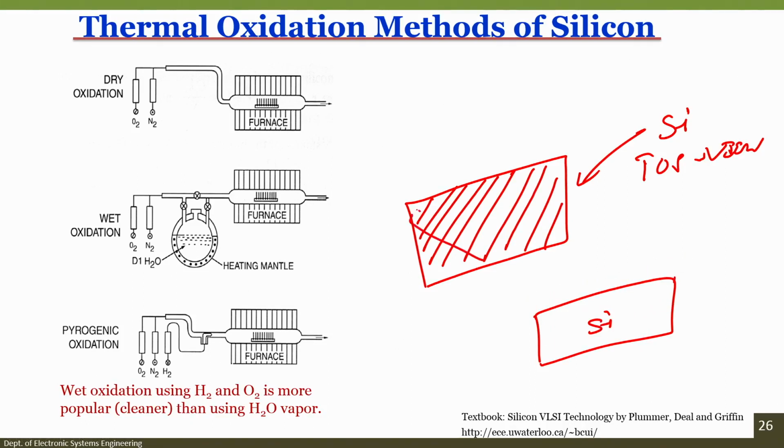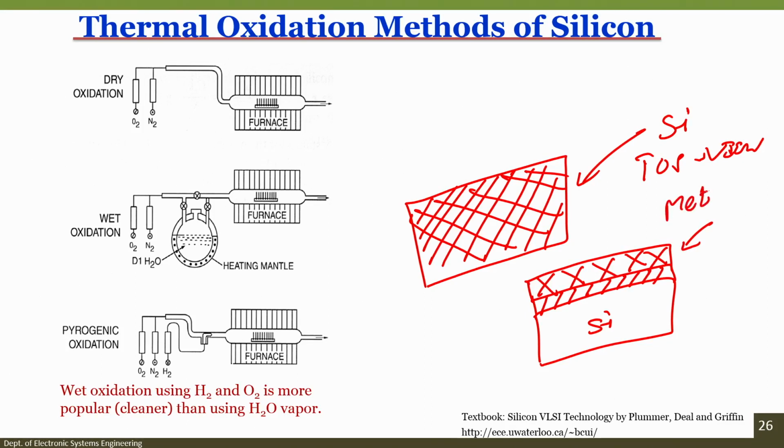So, this is a metal, these checks are metal. What I have to do is form silicon dioxide, and on silicon dioxide I have to deposit metal. So, this is my metallic layer, this is silicon dioxide, and this base material is silicon.